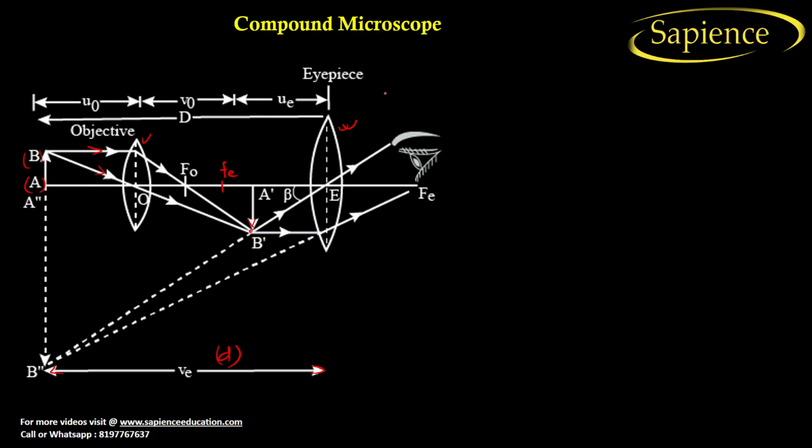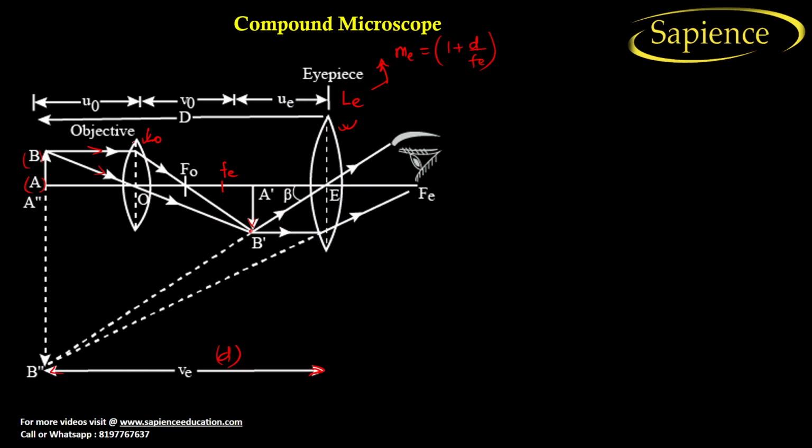So let us consider this is the lens E, and this is the objective lens. For the eyepiece lens, we can write that the magnification of the eyepiece is 1 plus d by Fe. Why are we writing this? Because we have considered that the image is formed at the least distance of distinct vision, because we want a clear-cut, precise image.